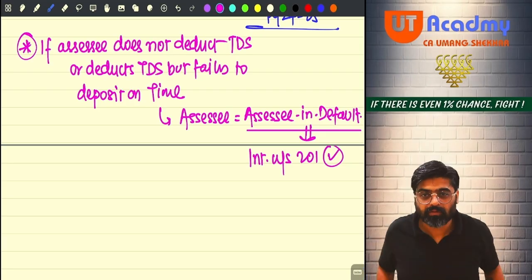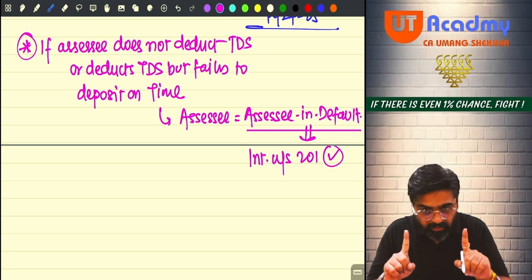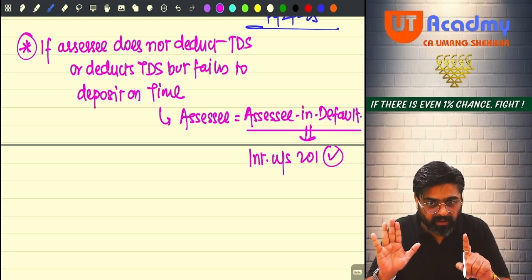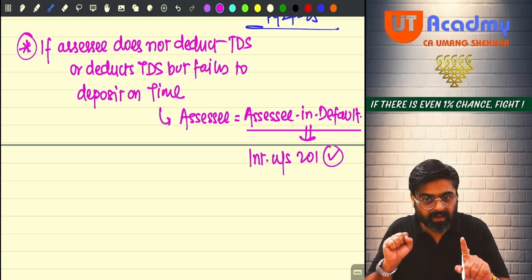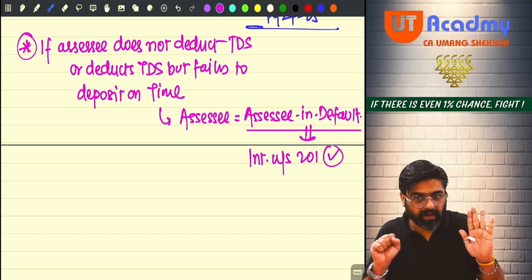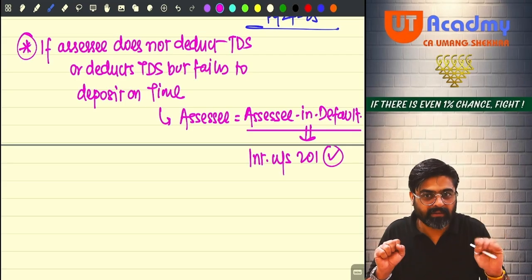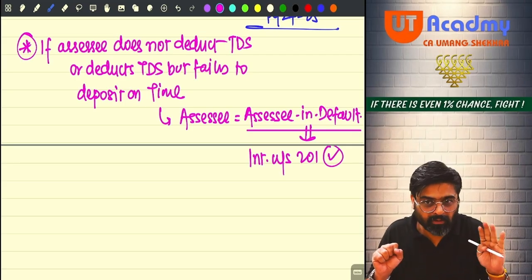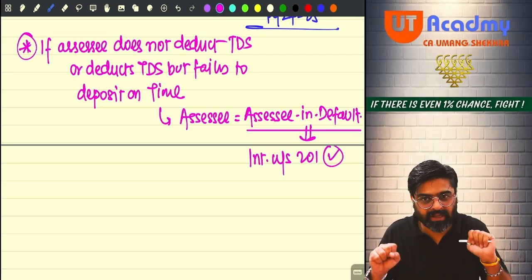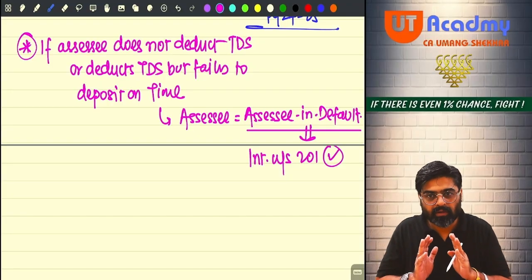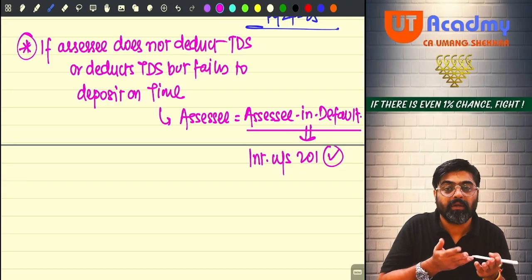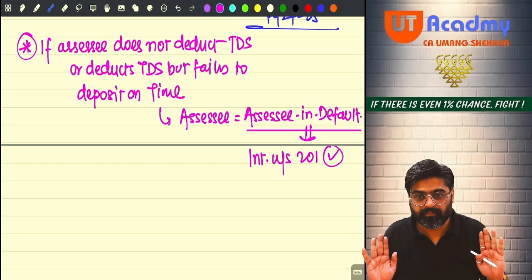Yes or no? So out of these two cases, TDS not deducted, then you become assessee in default. Second case, TDS deducted but not deposited on or before the time, then also you are treated as assessee in default. In both the cases, 201 assessee in default, interest is to be paid.